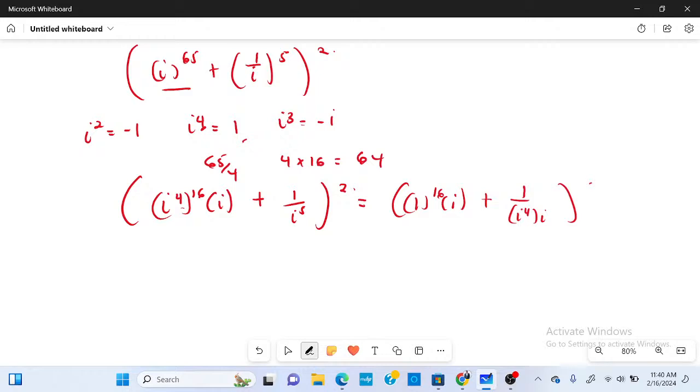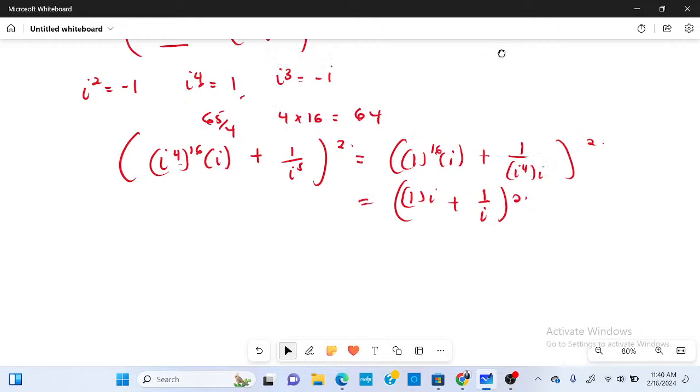All squared. 1 to the power 16 is 1 times i, plus, this is also 1, so I get 1 over i, everything squared. So we can clearly make this as (i + 1/i)^2, right?